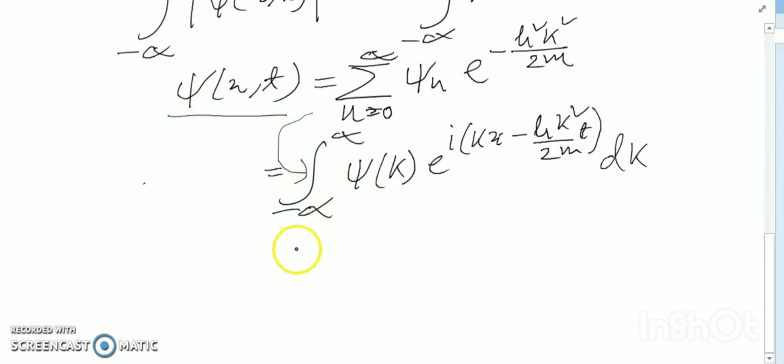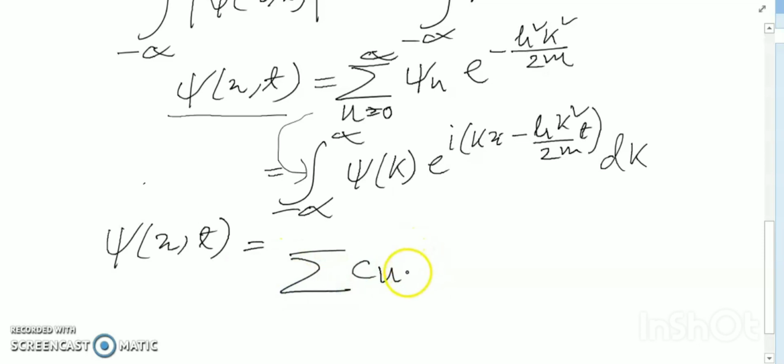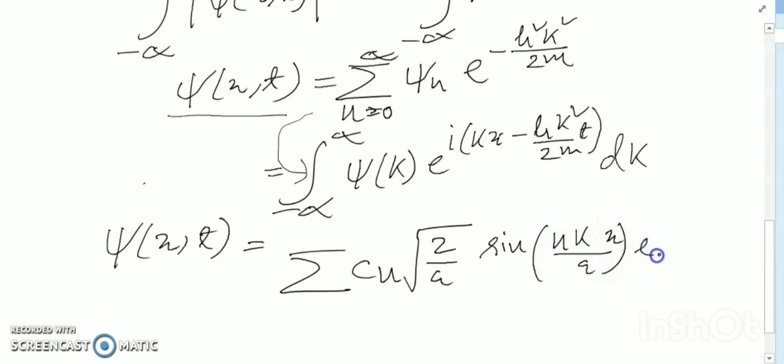And psi of x comma t is equal to the summation of c n root over 2 by a sin of n pi x divided by a, e to the power minus iEt divided by h bar.